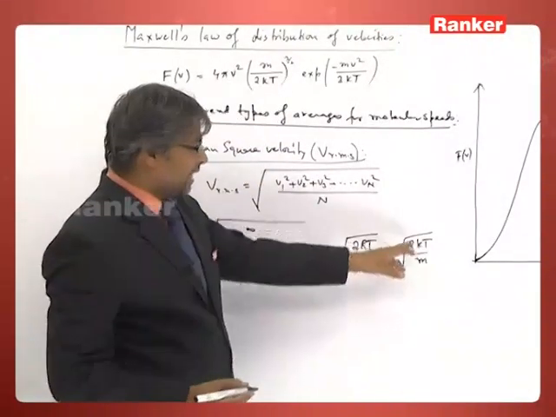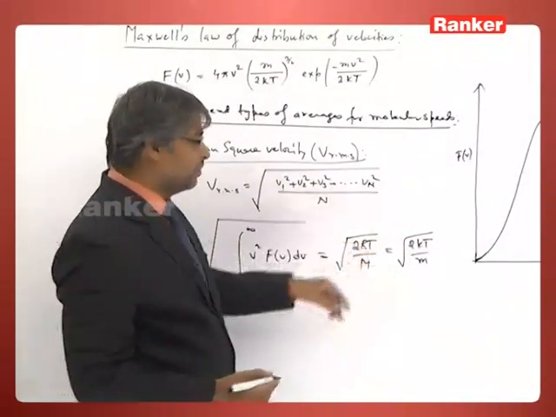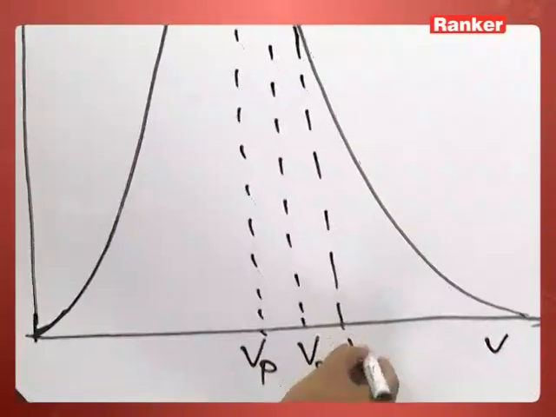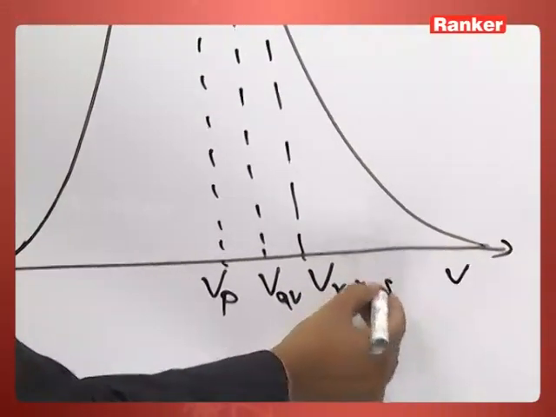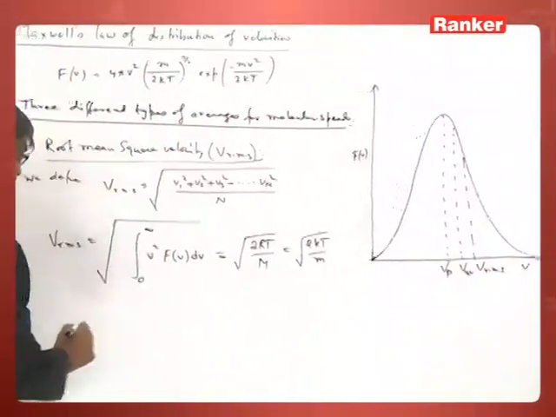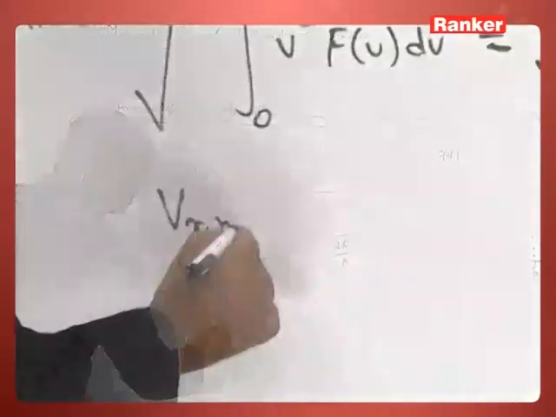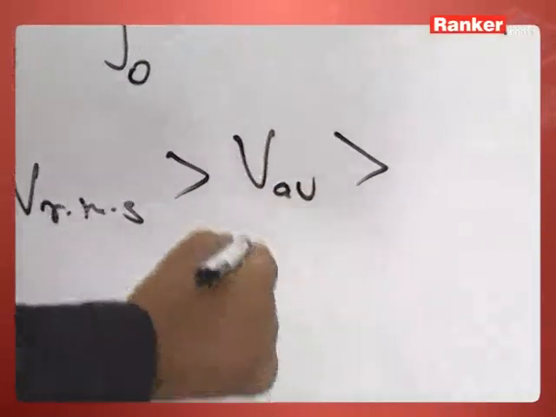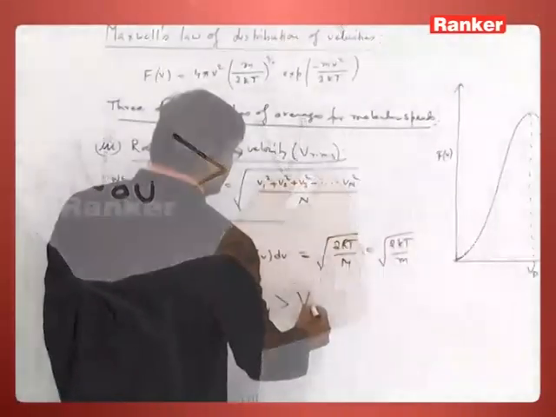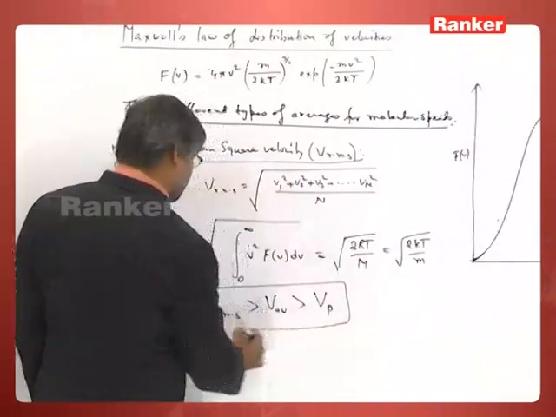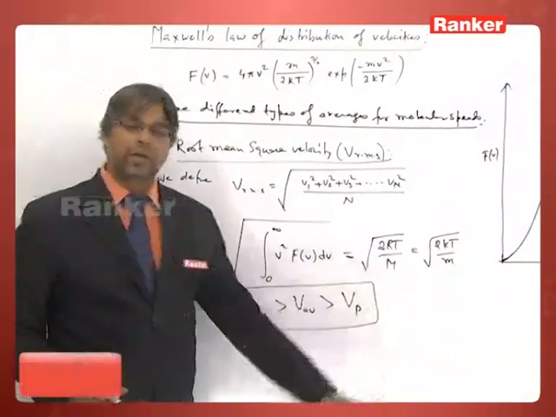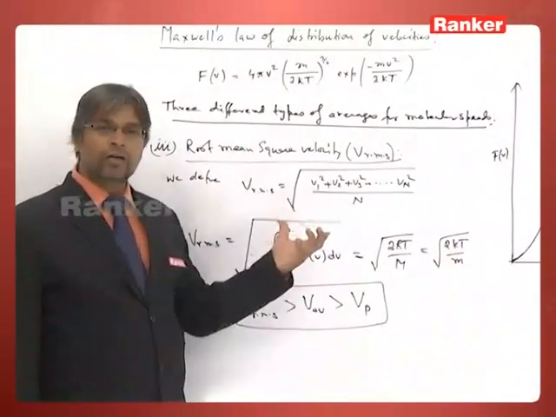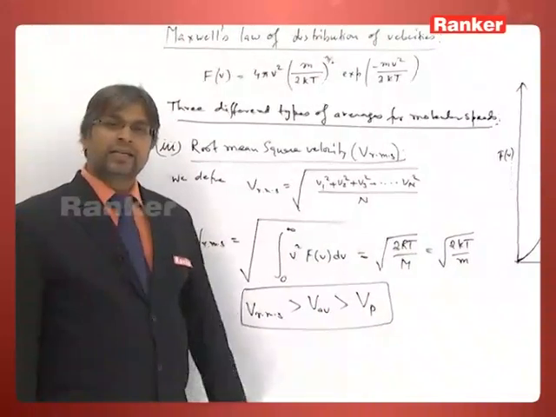Now, this is more than the previous one, that is the average velocity, and so you see it is here. So this is V_RMS. So we see that V_RMS is more than V average, which is again more than V probable. So these are the three types of velocities of which we can talk in a gaseous system.